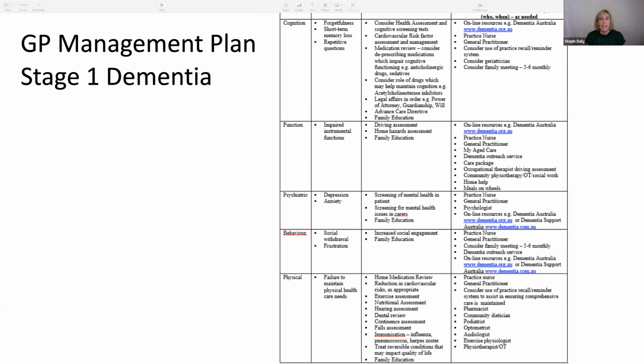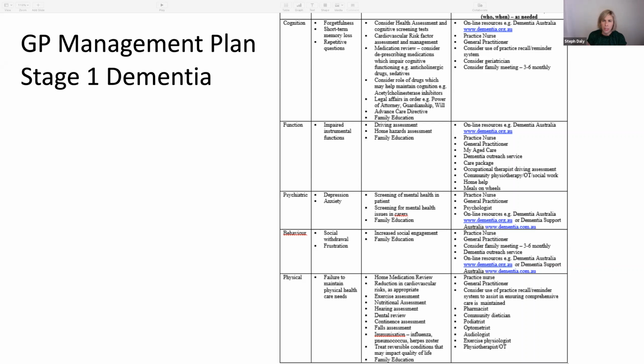And then, as you would do in perhaps every over 75s check, you would do all of the routine things that help that person to maintain their physical fitness. So exercise assessments, nutritional assessments, hearing assessments, falls assessments, podiatry, making sure that people have really good senses, so making sure they've had their optometrist appointment and they can hear well can really improve their cognitive function.